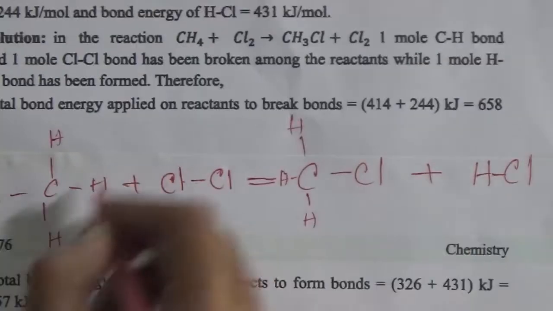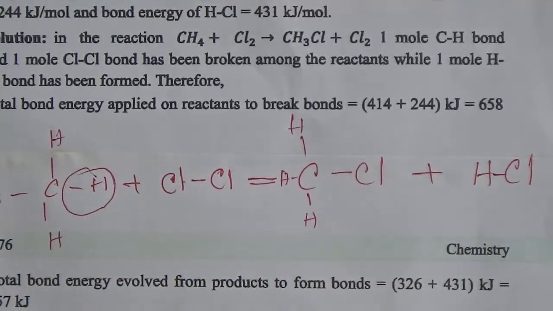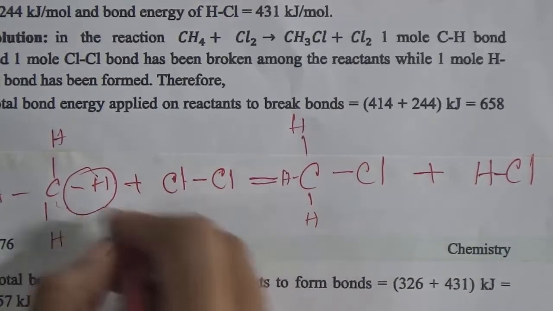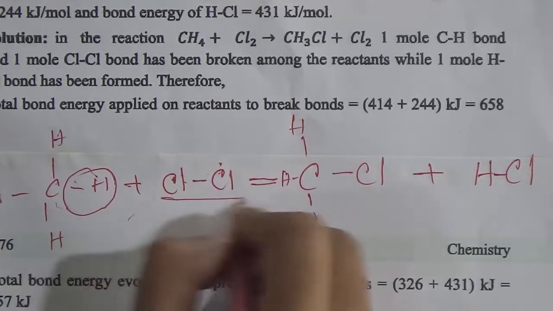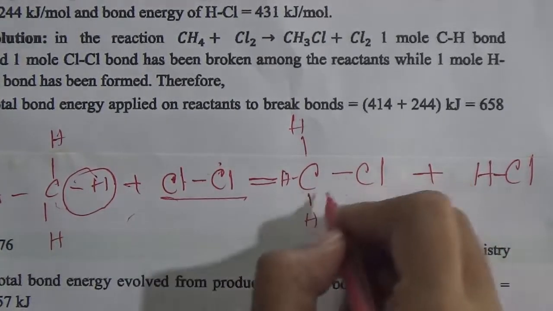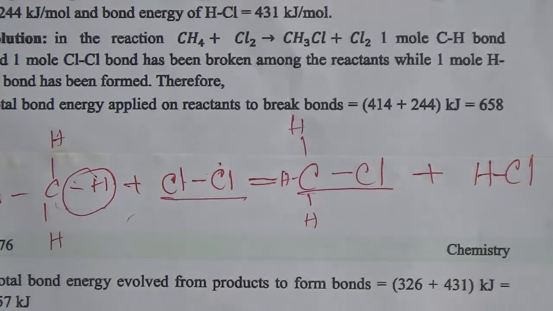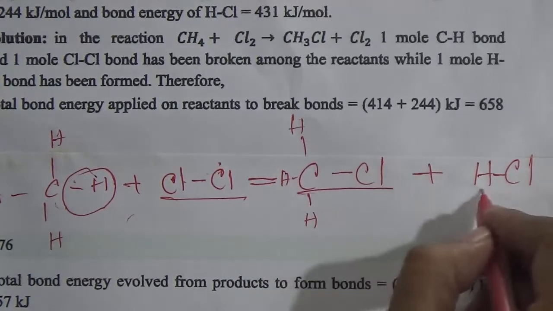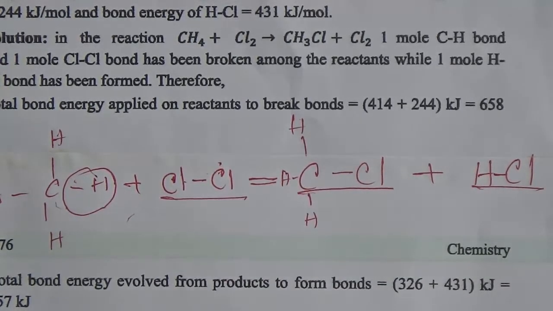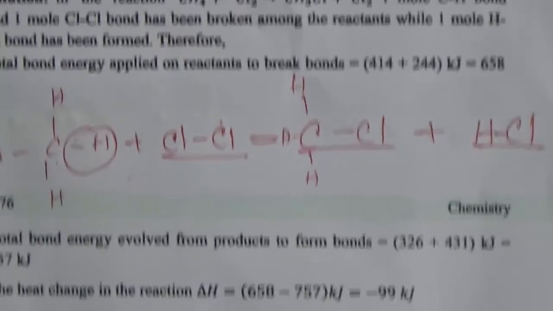Dear students, look, only one C-H bond breaks, and only one chlorine bond breaks. On the other hand, one carbon-chlorine bond is created, and one hydrogen-chlorine bond is created, and we have to calculate.